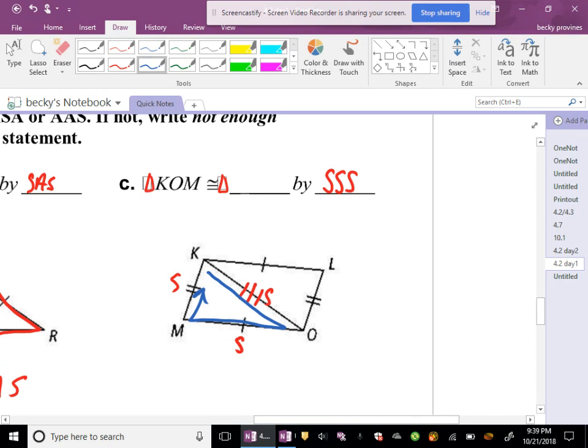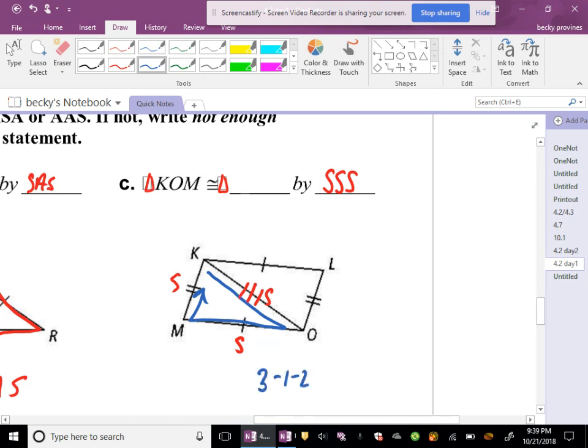I'm going KOM. A lot of people just start at K and go back to O, then to L. And guys, that's not right. Here's how I do this. I start at K and I go down the side that has 3 marks, then down the side that has 1 mark, and then back up the side that has 2 marks. So I went 3 marks, 1 mark, 2 marks.